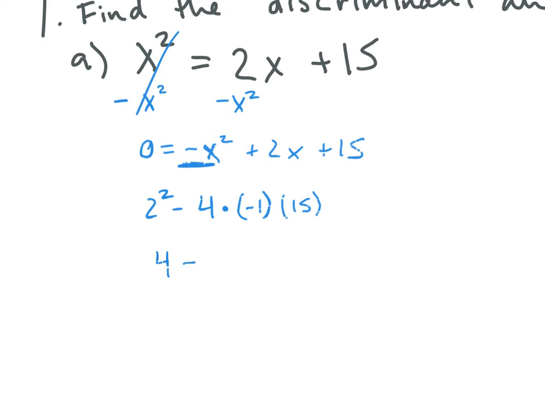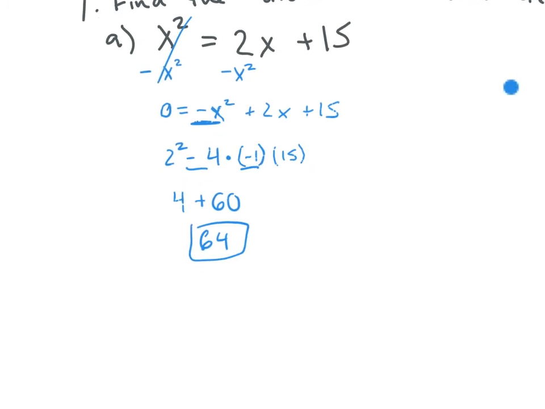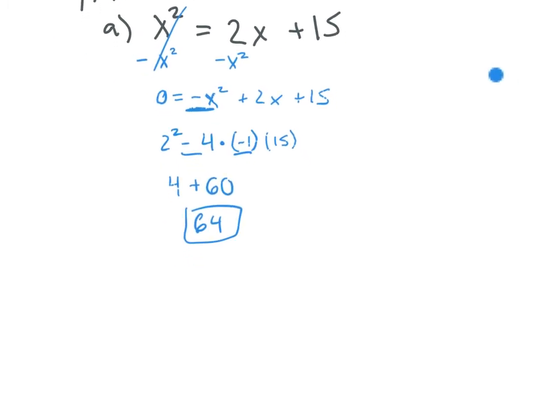So this would be negative 4 times negative 1 times 15. So what would that give us? Negative 60. If we have a negative and a negative, our answer is going to be positive. So positive 60. So now 4 plus 60 is 64. So our discriminant is 64. And what does this tell us about our type of solutions? 2 real solutions.